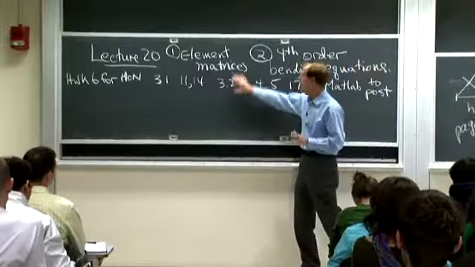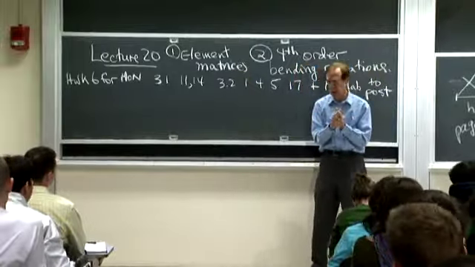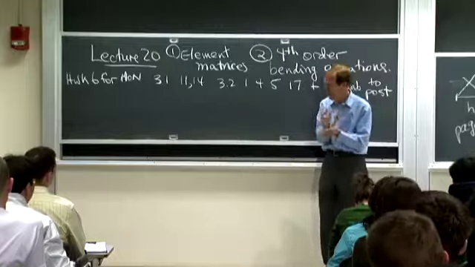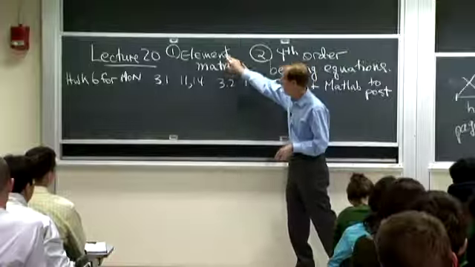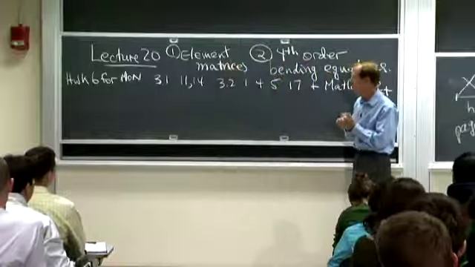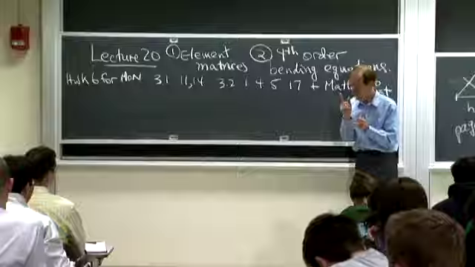Now we want to see how that process works for finite elements, because that's how finite element matrices are really put together out of these element matrices. Okay, so that's step one.